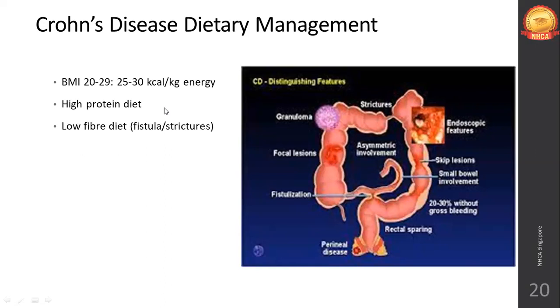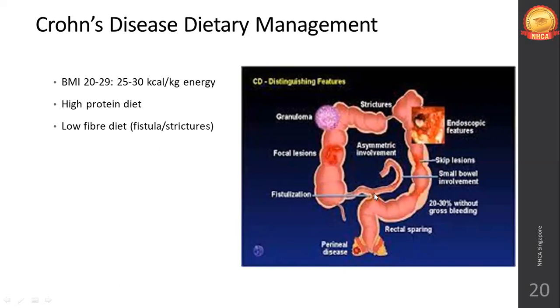Low fiber diet, specifically in Crohn's disease, if it is associated with certain fissures and fistulas and strictures. Fistulas means, you can see here, is it visible to all? This part where I'm pointing the arrow, it's a small intestine which is getting connected into the large intestine.